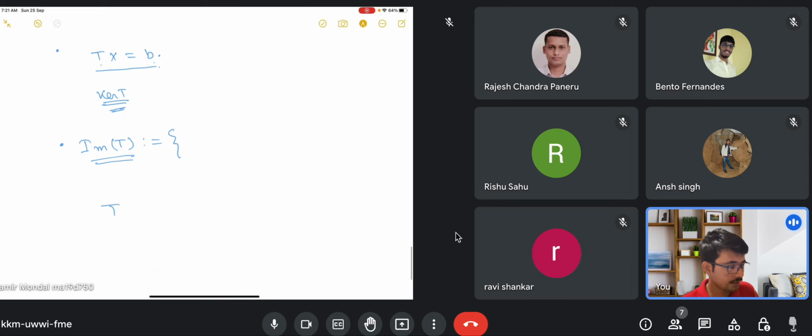This is your linear transformation T from V to W. What is the image of T?